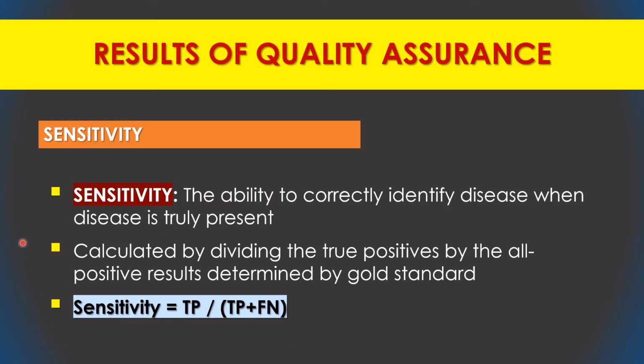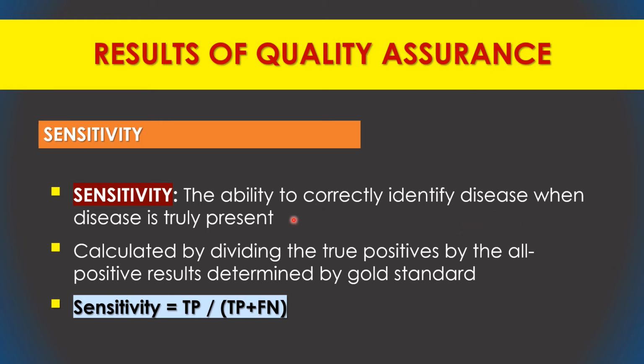The next result is the sensitivity. What is the sensitivity? I'm testing my new test against all the positives that are brought by the gold standard. I want to see how good my test is in detecting all these positives. I don't want false negatives. I need to have all the positives diagnosed. This is what we call the sensitivity. It's the ability to correctly identify the disease when the disease is truly present.